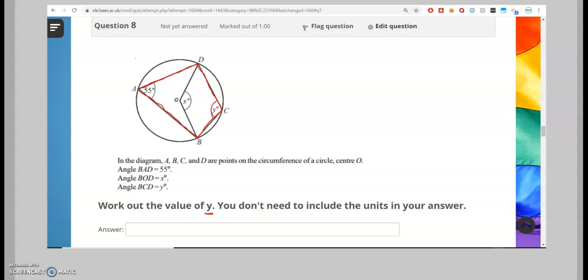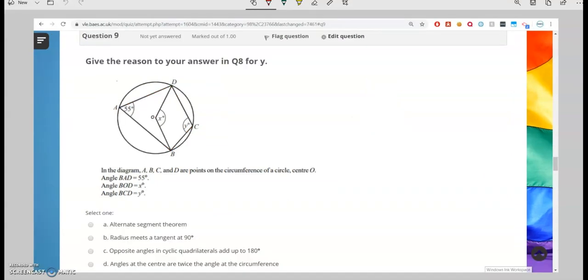So 55 and y are opposite each other, so they must add up to 180. To work out y, all we're going to do is 180 take away 55, so 125 degrees is y.